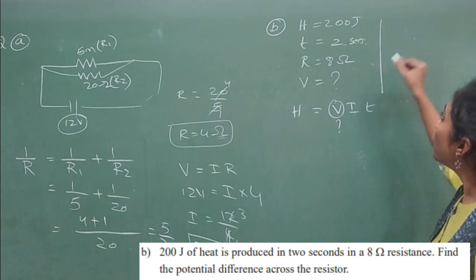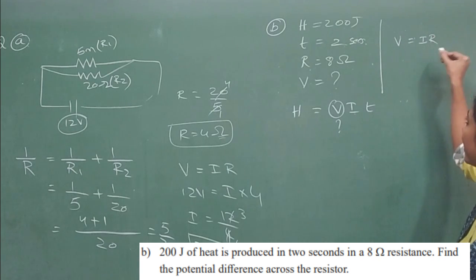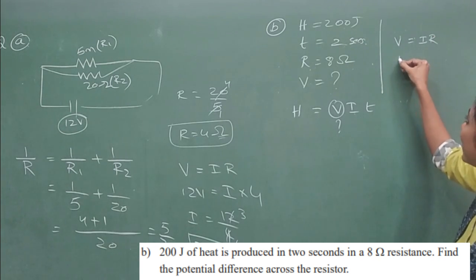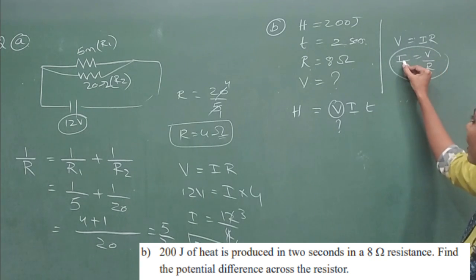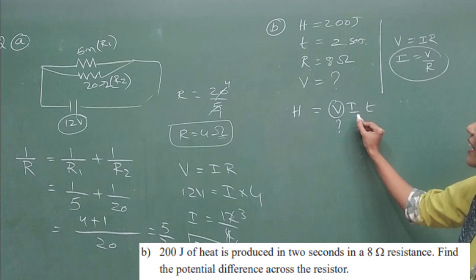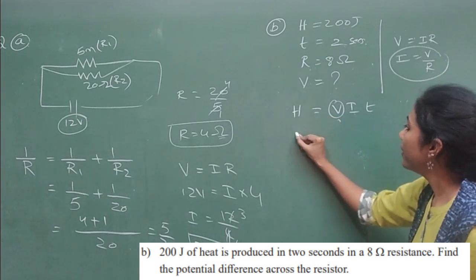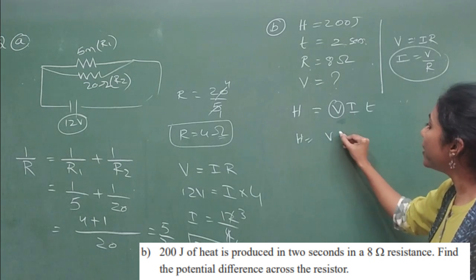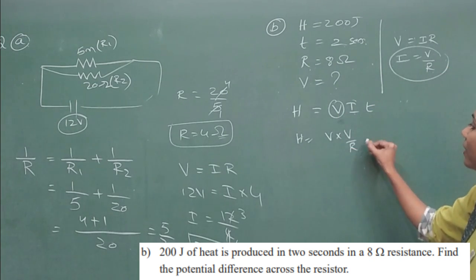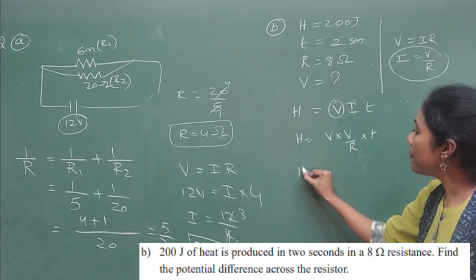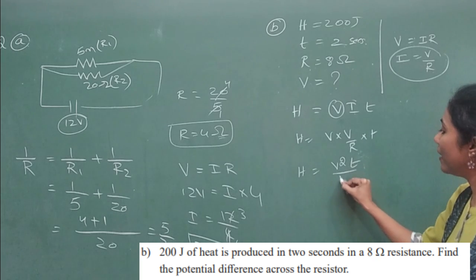You have the Ohm's law formula, right? That is V is equal to IR, so I is equal to V by R. So I'll substitute I is equal to V by R here. In the place of I, I'll write V by R. So what do I get? H is equal to V into I. In the place of I, what can we write? V by R into T. So this becomes H is equal to V into V, that is V square T by R.